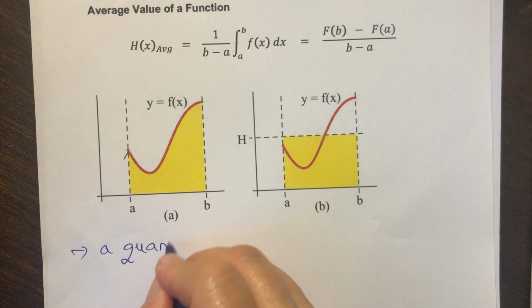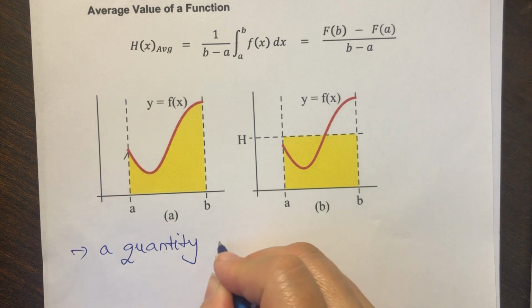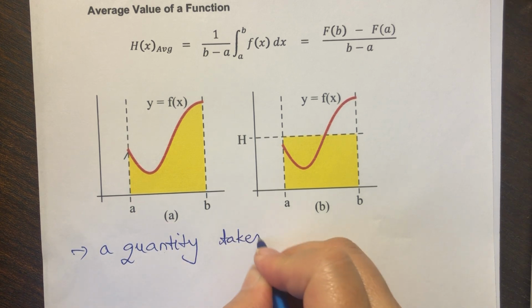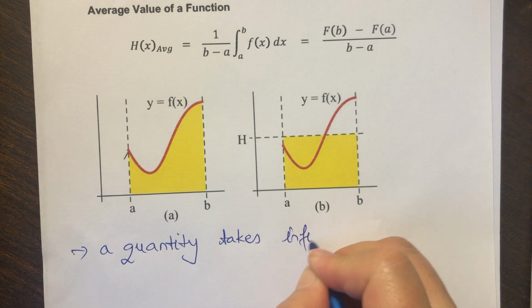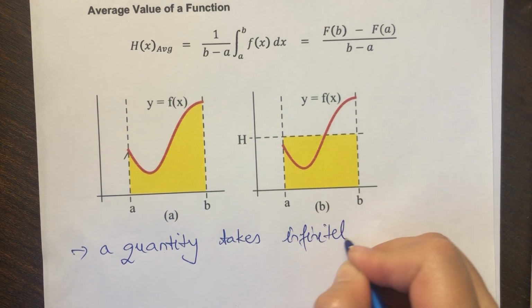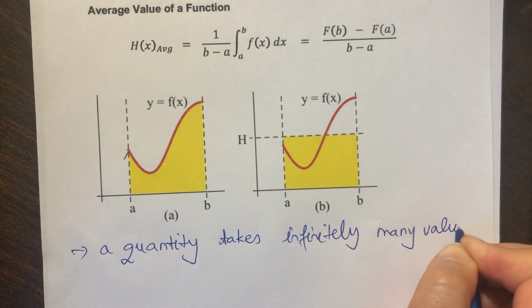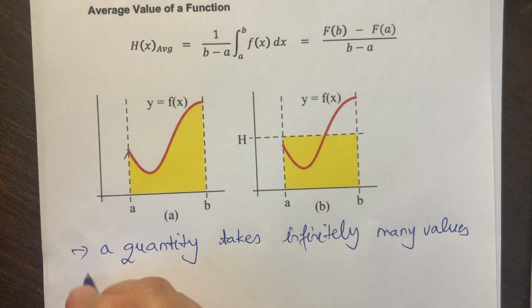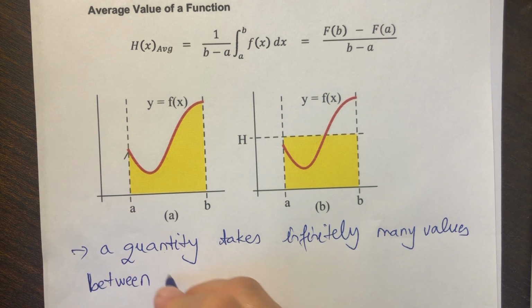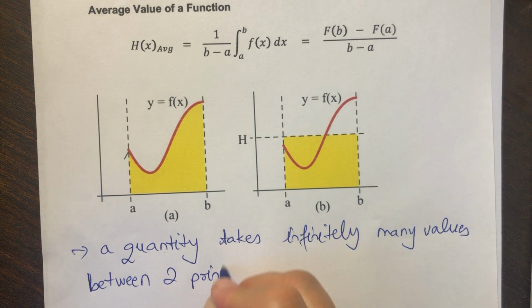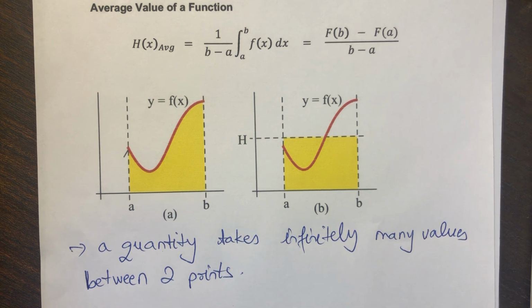A quantity takes infinitely many values between two points, right?